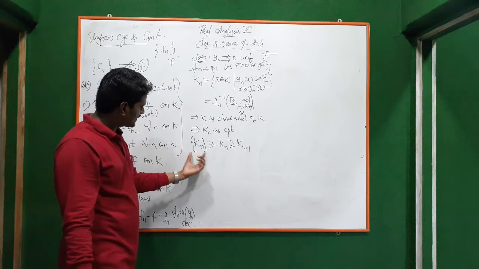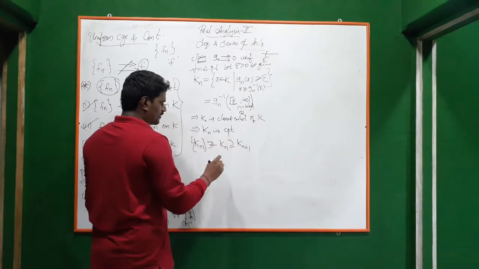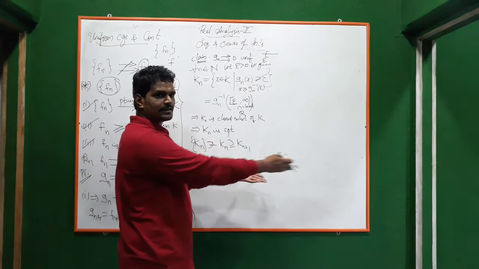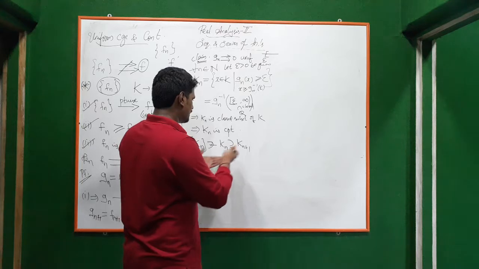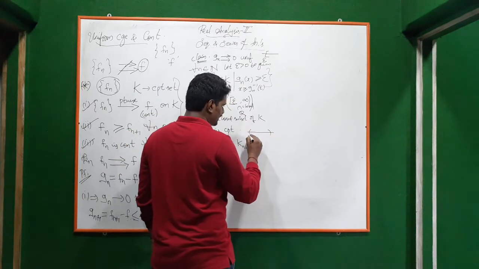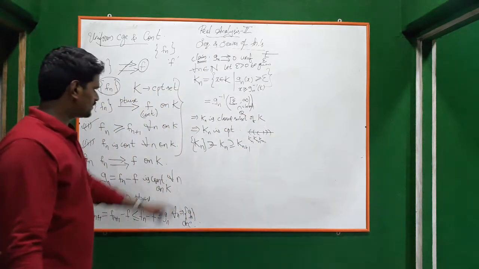Now that sequence of sets has some property: each set is compact and Kn contains Kn plus 1. That means it is also a decreasing sequence. Kn plus 1 will be this, Kn plus 2 will be like this, and so on.